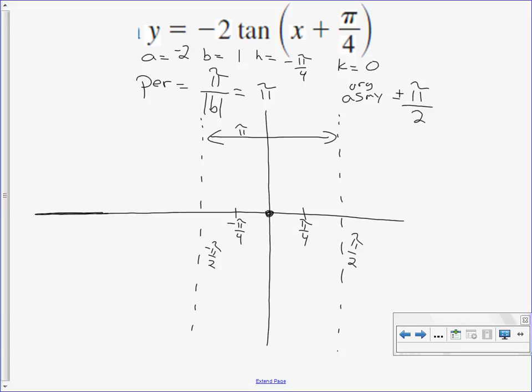Yeah, the a value. So our a value is negative 2. Since the a value is negative, will the tangent be moving from quadrant 4 to quadrant 1, quadrant 3 to quadrant 1, or quadrant 2 to quadrant 4? 2 to 4. So it'll be here, here, here.